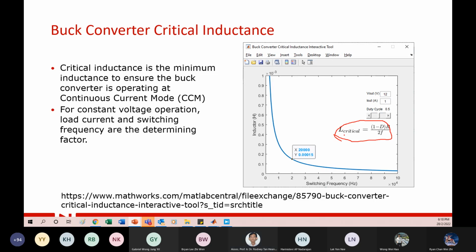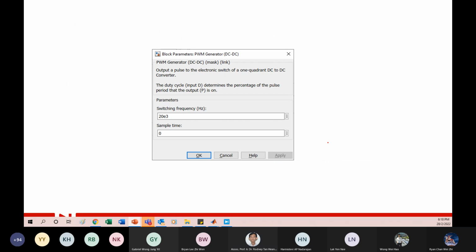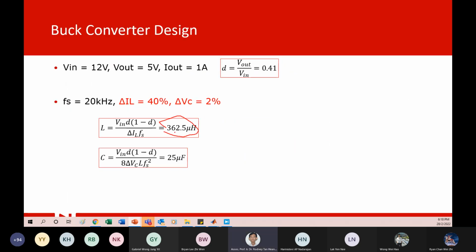Let's say the critical inductance is 150 microhenry for this one. And our design is 360, so it's higher than 150, right? So that means this inductor is safe to use.